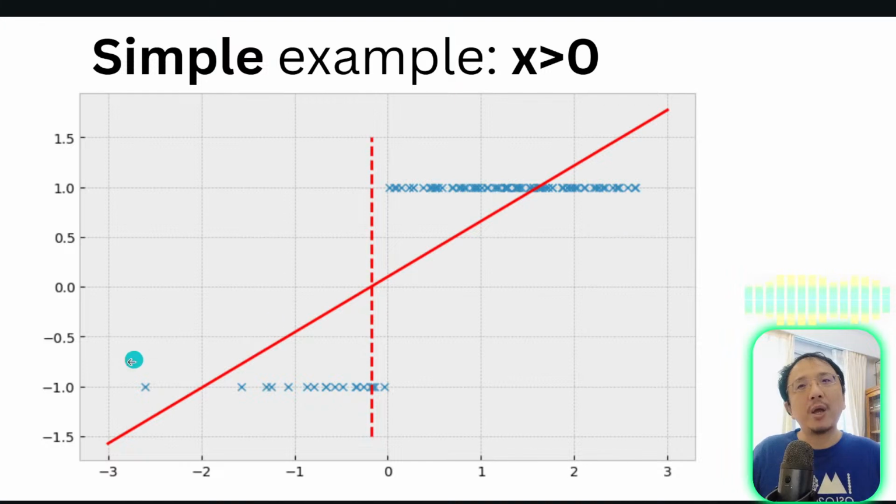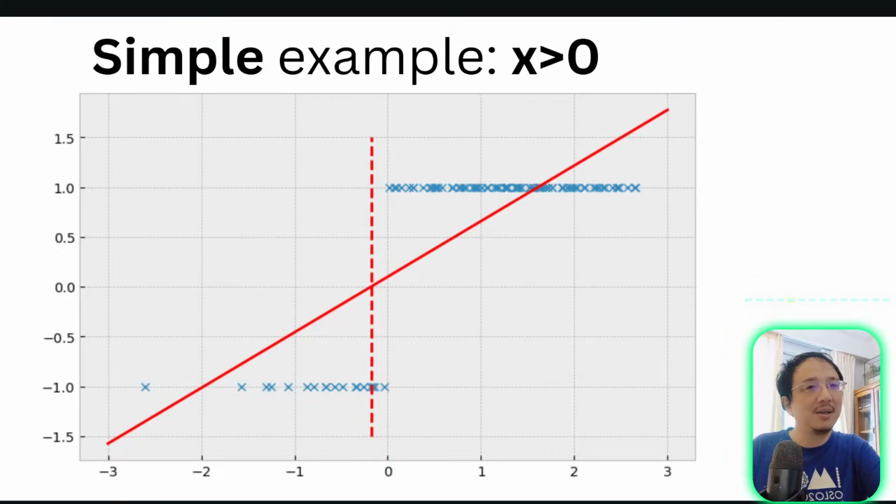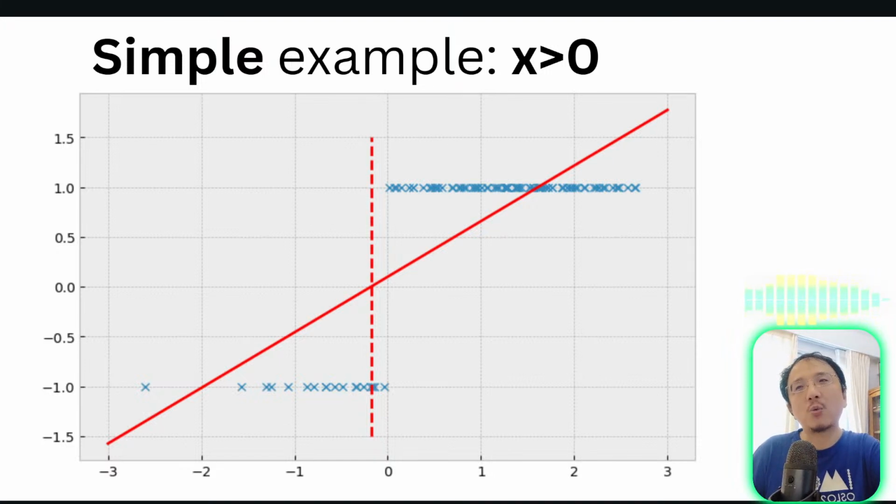Then we use linear regression to fit this data. Just imagine that we can apply this method to any classification problem, because we can assign labels like 1, negative 1, or other labels. If we are considering the binary classification problem, we can always do that and apply linear regression.